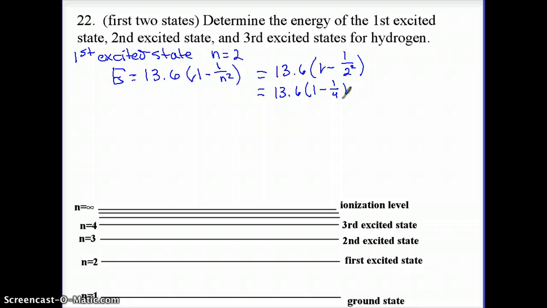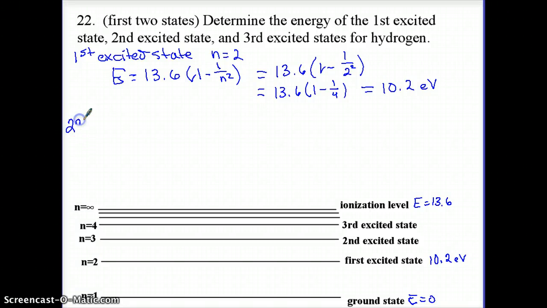And we can quickly figure that out, and we get 10.2. This is in electron volts. The first excited state has an energy of 10.2. Again, the ground state was 0, and the ionization level, the energy was 13.6. So 10.2 being in the middle is a good thing to recognize, or that's a good check.